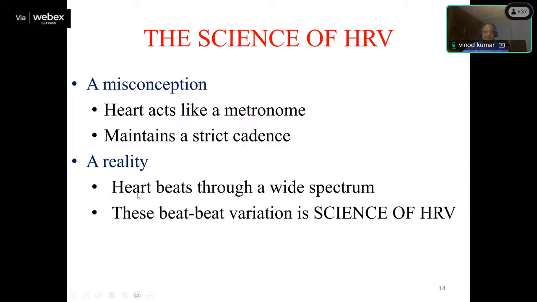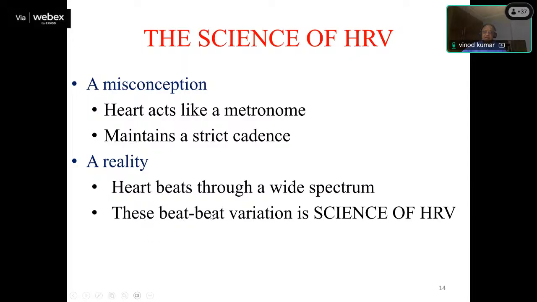Whereas the reality is the heart beats through a wide spectrum. Through a wide spectrum means the heart may beat between 60 to 100 beats per minute. Sometimes 60, 62, 70, 72, depending upon my body's reaction. If a person is running, his heart rate may be more. If a person starts thinking, his heart rate may increase. If a person is relaxing, his heart rate may go down.